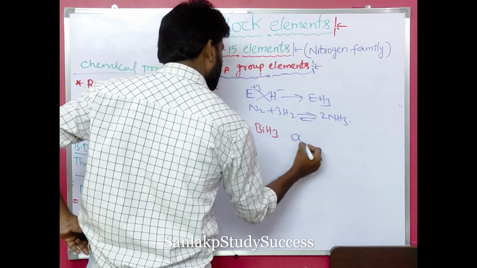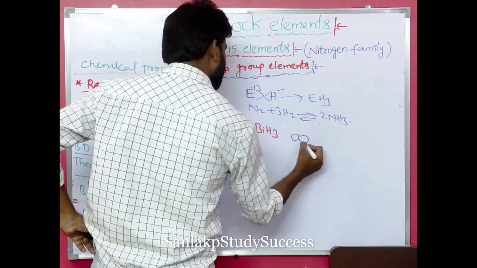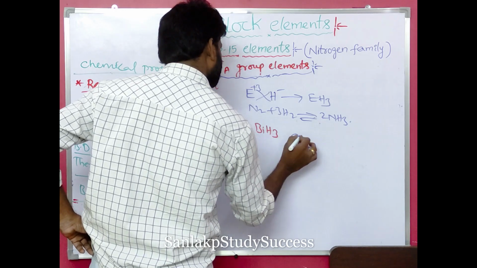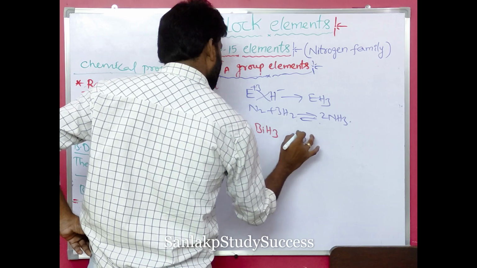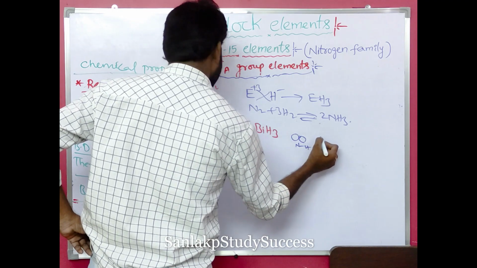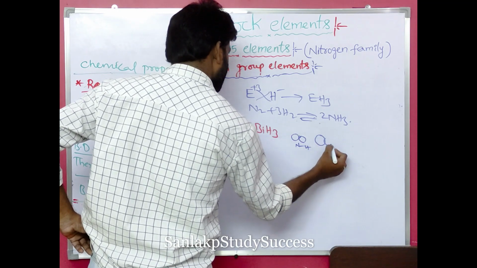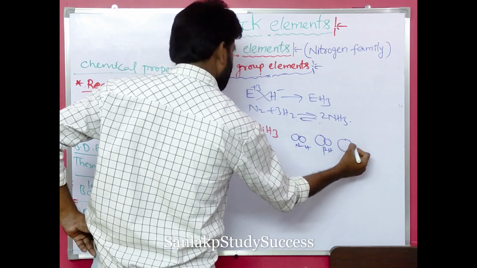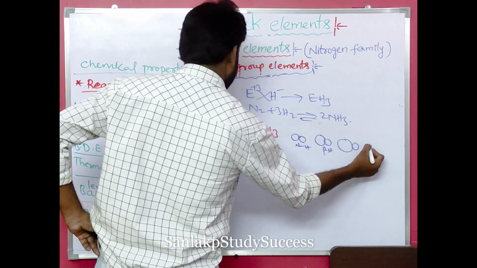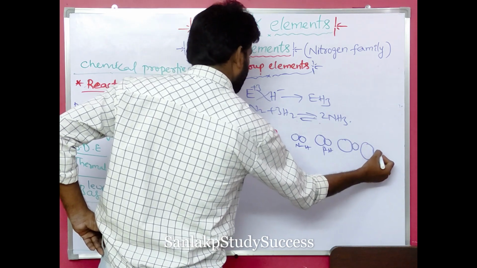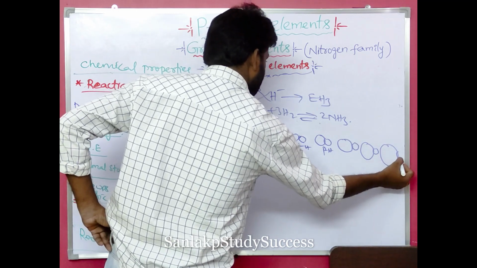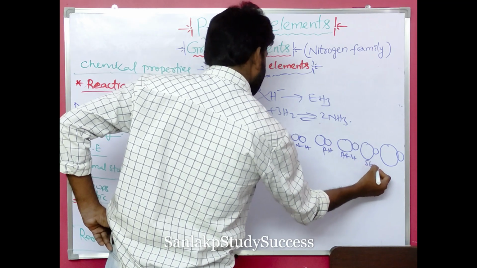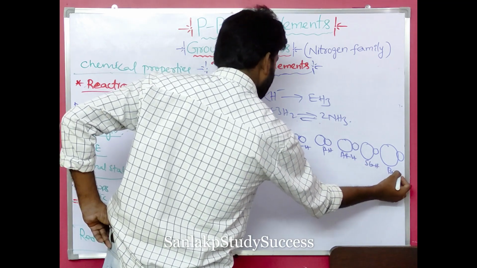This is the N-H bond length, this is the P-H bond, this is As-H, this is Sb-H, and this is Bi-H.